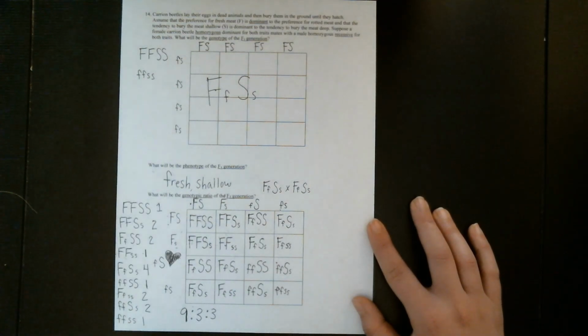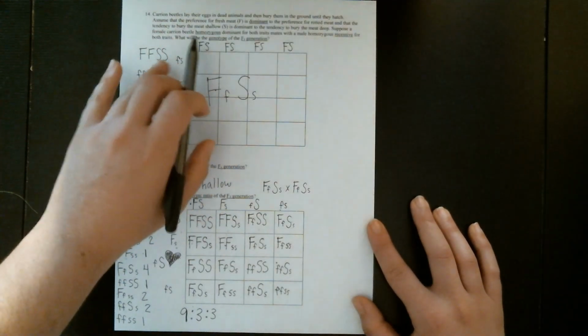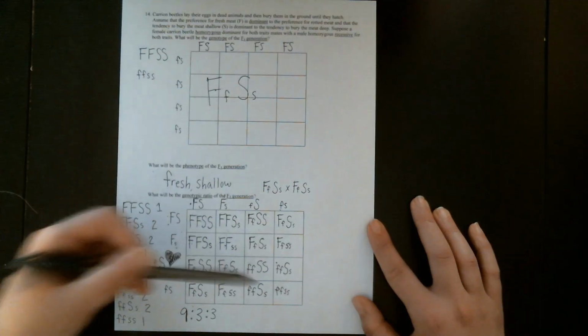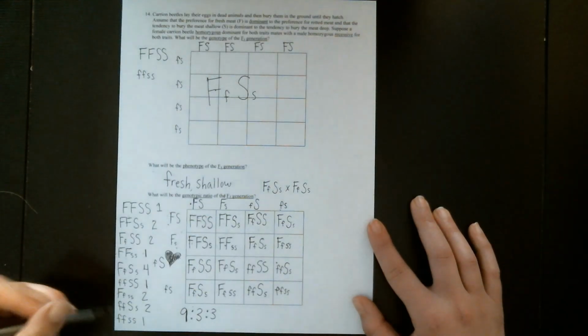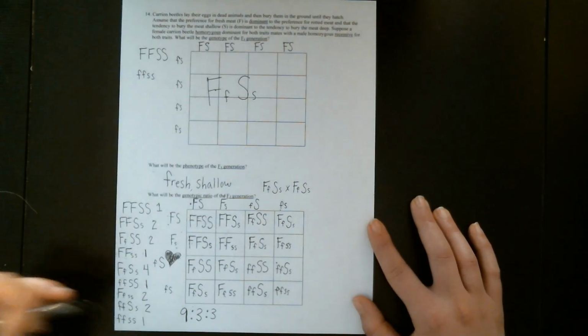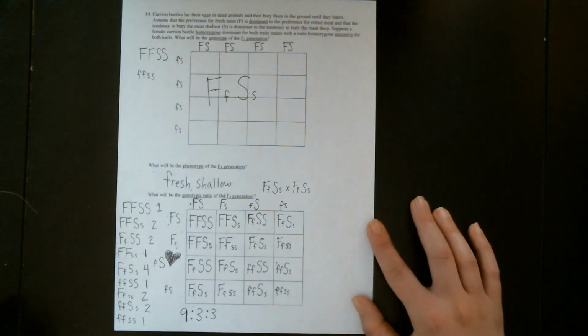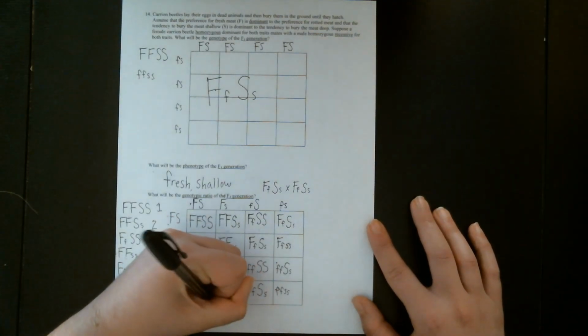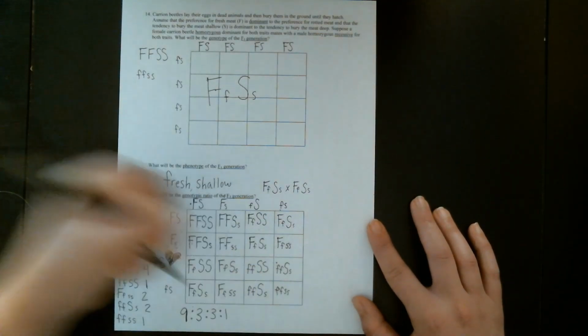Okay, and then what is our very last phenotype? It is rotted meat and burying it deep. And the only one that has that is this totally homozygous recessive one. And so we get 1.